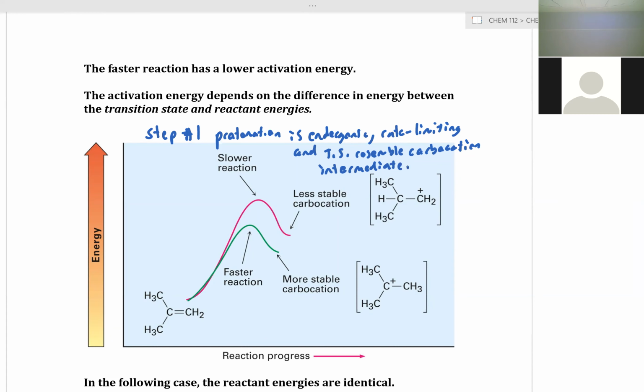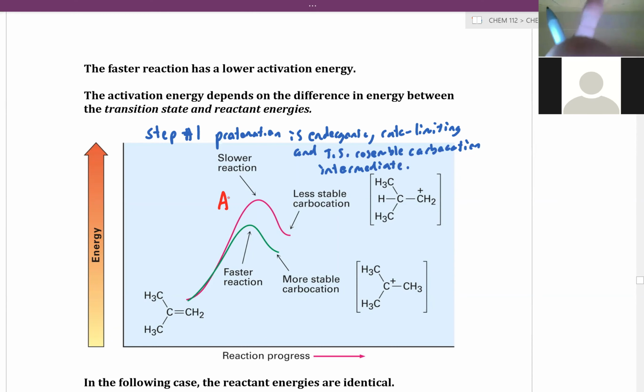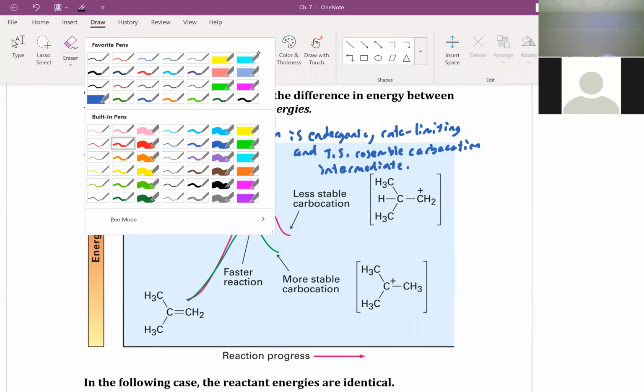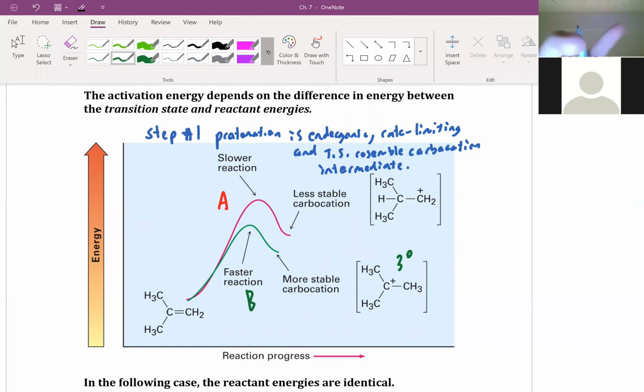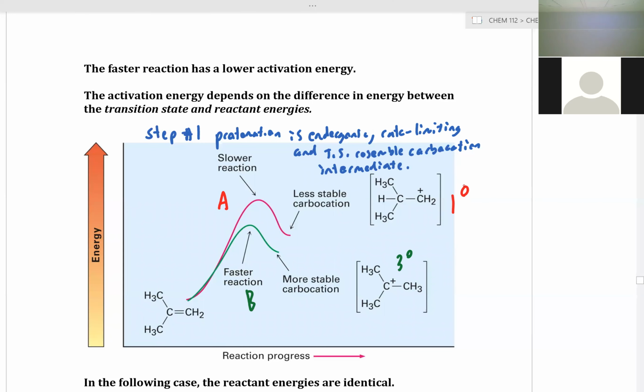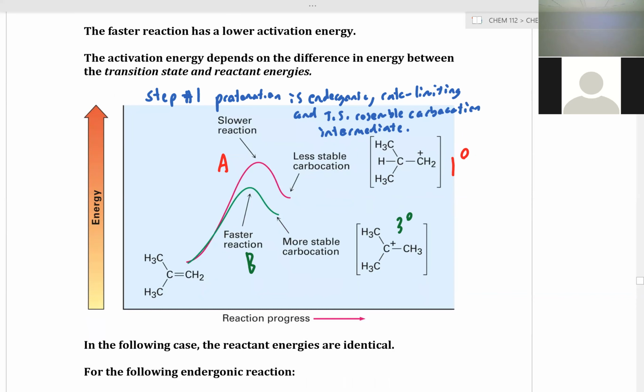So let's compare our two reaction pathways. These should look very similar to you: pathway A and pathway B. In pathway B, we have a tertiary carbocation. In pathway A, we have a primary carbocation. By comparison, what is more stable, a tertiary or a primary carbocation?